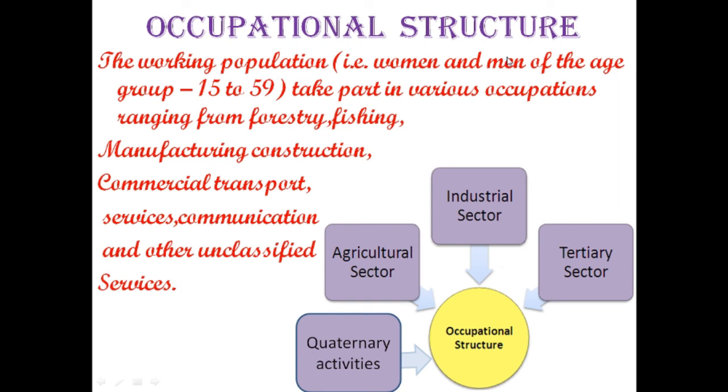Occupational structure. The working population, women and men of the age group 15 to 59, takes part in various occupations ranging from forestry, fishing, manufacturing, construction, commercial, transport, services, communication, and other unclassified services.